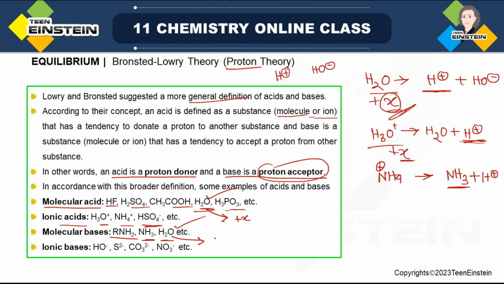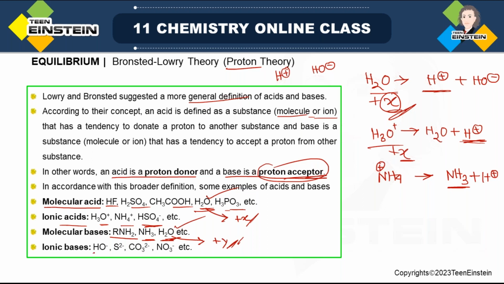But suppose with H2O we have Y, and H2O will accept a proton because it is a base. That means Y should be a proton donor. So depending on this other substance, H2O may behave as an acid or as a base. Not just H2O, you can have this type of behavior for some other molecules too. This is a special behavior: the same substance, depending on the other substance with which it is present in the medium, may change its behavior.